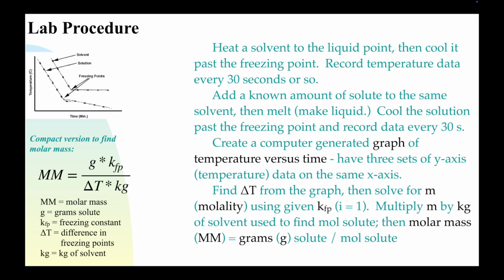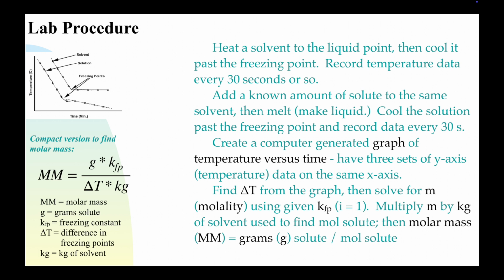Because I am the quote-unquote lazy chemist, which means I sometimes don't like to mess around with a lot of values, I'm going to share with you an equation that I use sometimes on this lab. It's basically a quick way to find the molar mass of your solute. The molar mass equals g times K divided by delta T and the kilograms. So MM is molar mass, the grams per mole, that's what you're looking for.